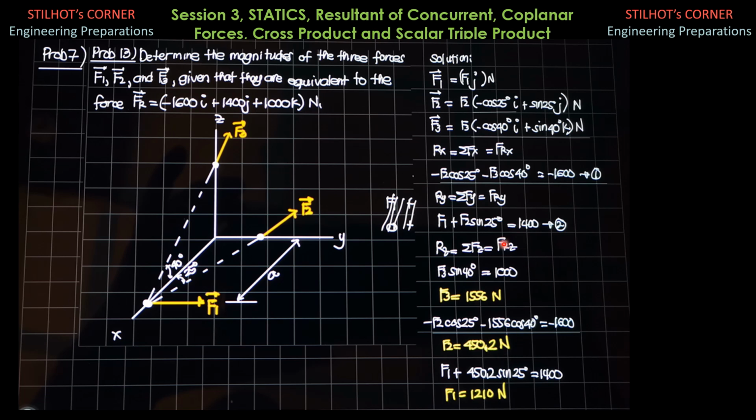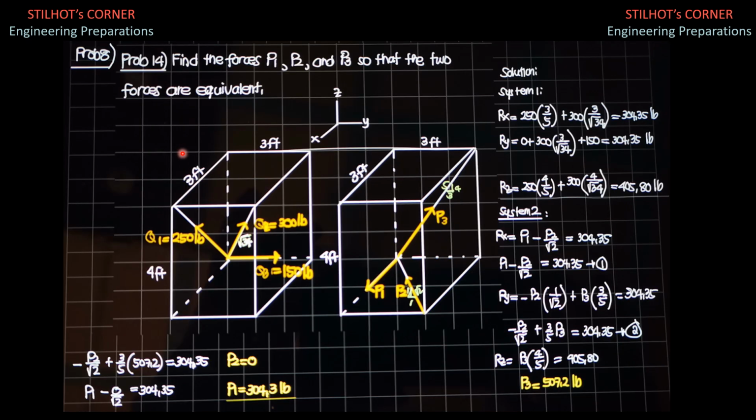Then in equation 2, we substitute to solve for F1: F1 plus F2, which is 450.2, times sine 25 degrees equals 1,400. Solving for F1, F1 is 1,210 newtons to 4 significant figures.